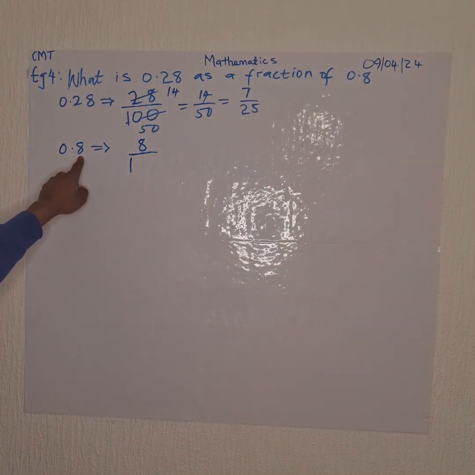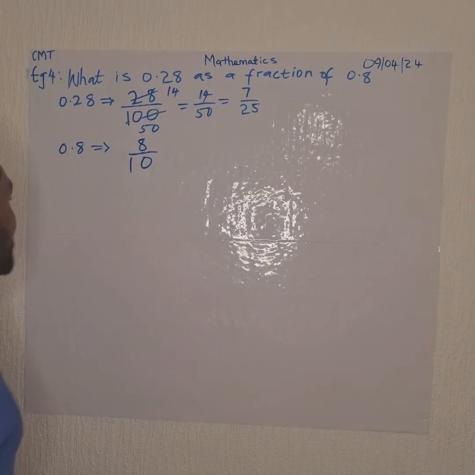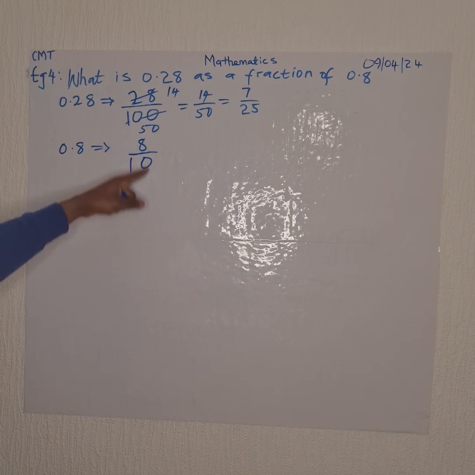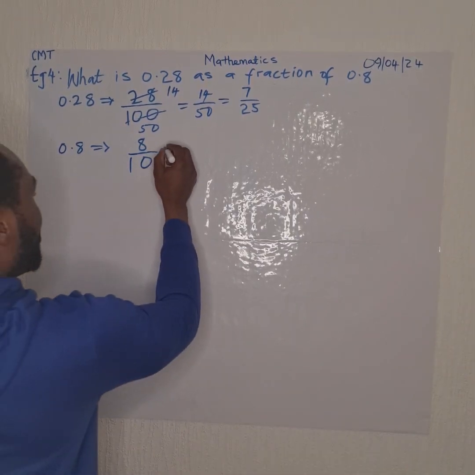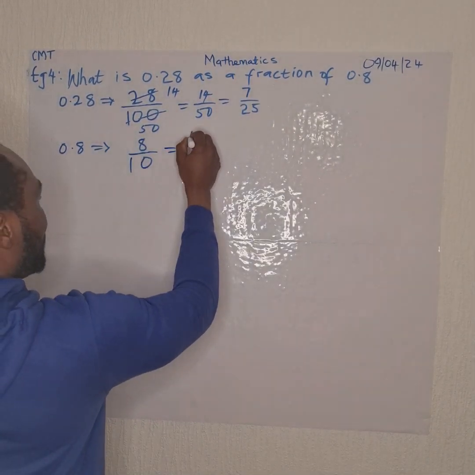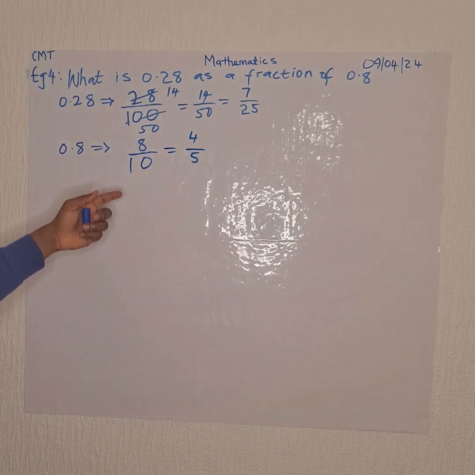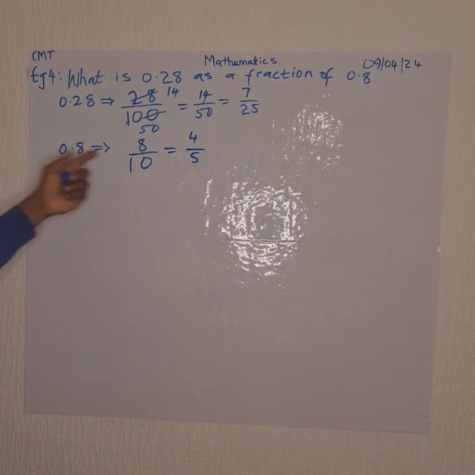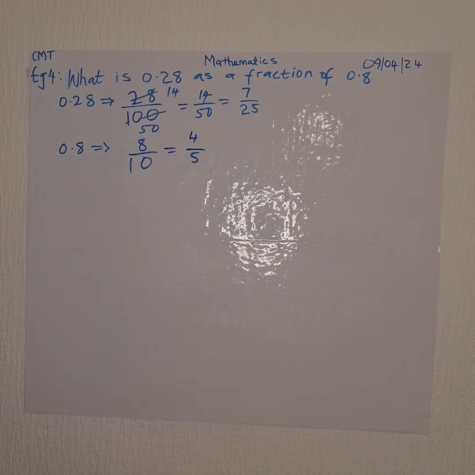And the next numbers that you see after the 1 is replaced with 0. Is there any other number after the dot? No. So we have 8 over 10. Can we simplify this further? Yes. What can we divide with? 2. So if we divide this by 2, we get 4. If we divide this by 2, we get 5. So changing 0.8 to fraction, you have 4 over 5. Clear and simple. But that's not the end.